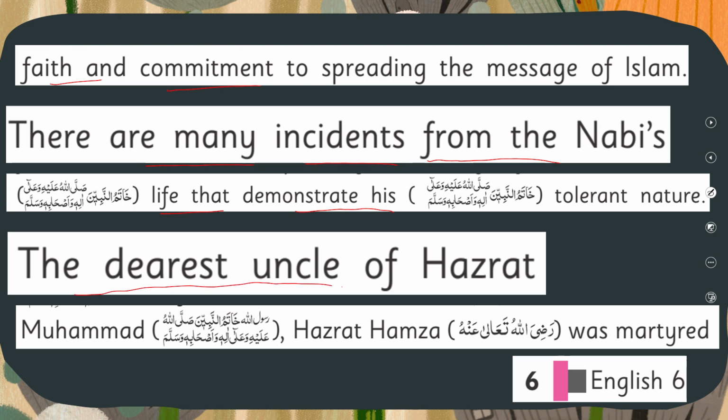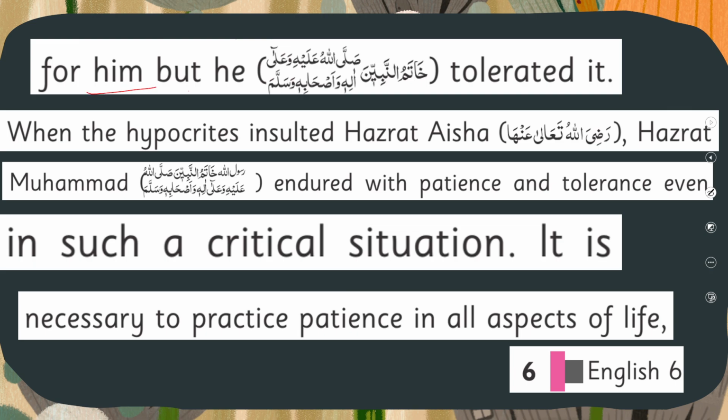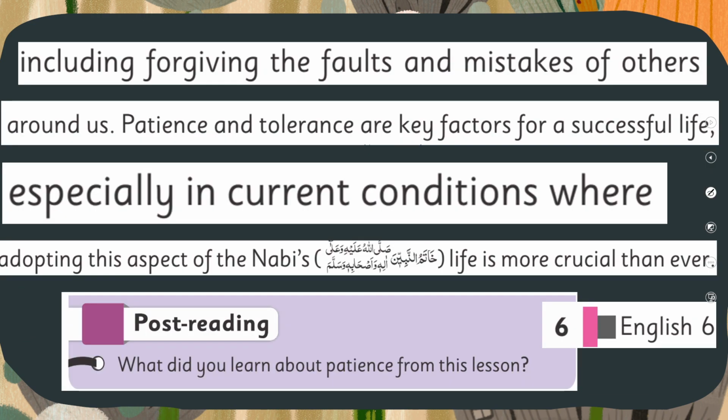The dearest uncle of Hazrat Muhammad sallallahu alaihi wasallam, Hazrat Hamza, was martyred for him, but he tolerated it. When the hypocrites insulted Hazrat Aisha radiallahu ta'ala anha, he endured with patience and tolerance even in such a critical situation. It is necessary to practice patience in all aspects of life, including forgiving the faults and mistakes of others around us.